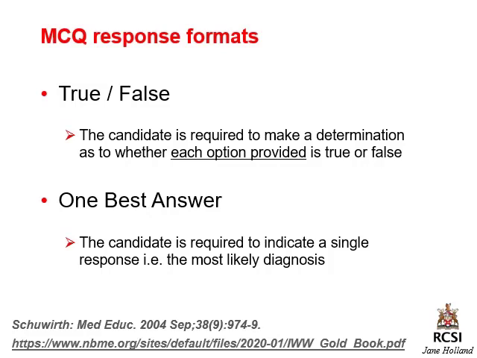I mean, TB treatments are different in different geographical regions in the world. So you just bake some specifics into the actual question, say, in this very particular situation, what is the most appropriate first-line medication to give for this condition. So it's much more intuitive, and it's asking candidates to rank the options against each other as regards which is the most probable and which is the least probable, what is the most appropriate and what is the least appropriate.